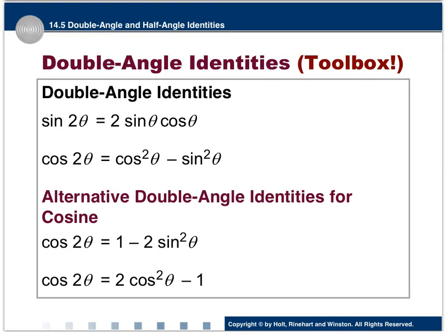So go ahead, pause the video, write these down, but I'm going to show how we go from here to here, and how we can get the alternative double angle formulas by using the initial ones that you see in the top portion.